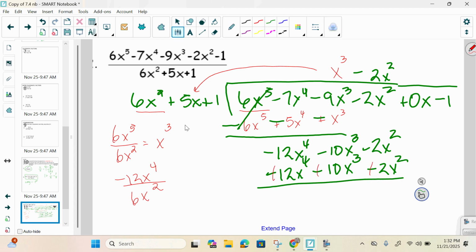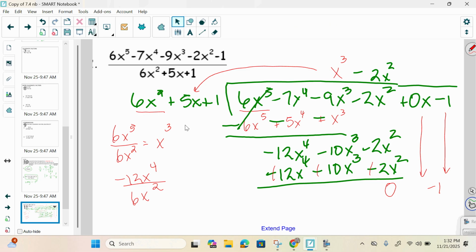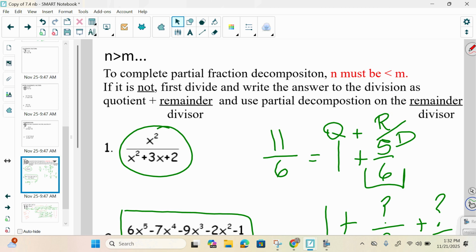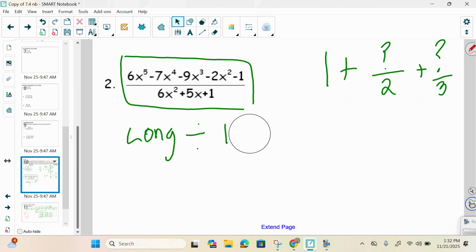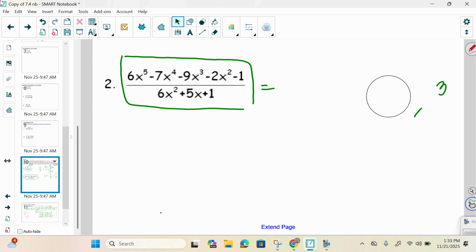Isn't that it, right? Everything cancels, you get 0, and you just have to bring down the negative 1. Right? So you're done your long division. So I'm going to back up a little bit. When I divided, what did I get? 2x squared?